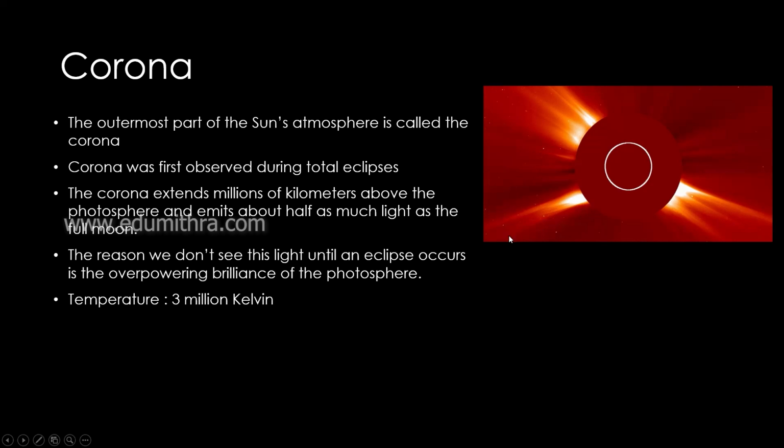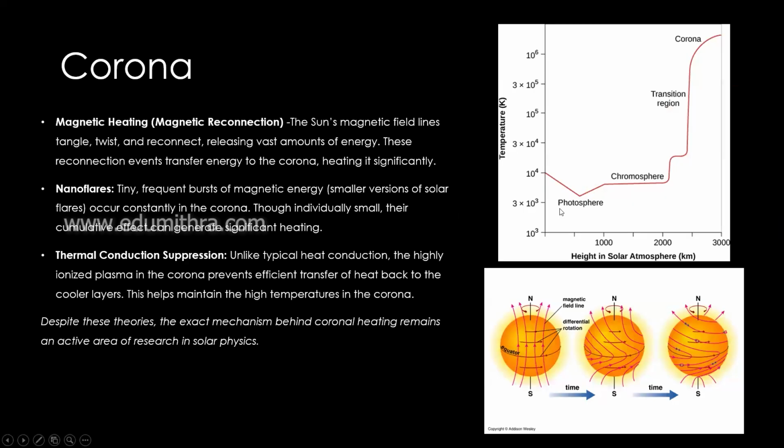It is even hotter outside. Why the corona is so high in temperature compared with the photosphere is a puzzling question for astrophysicists. The scientists who study the sun specially are called solar physicists. So for solar physicists, this is a puzzling question.